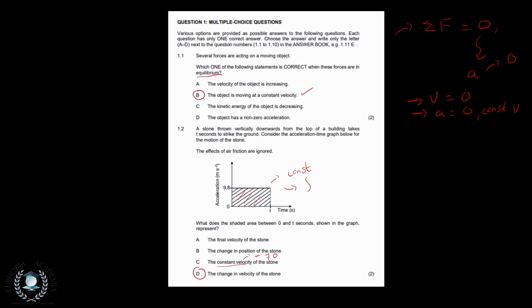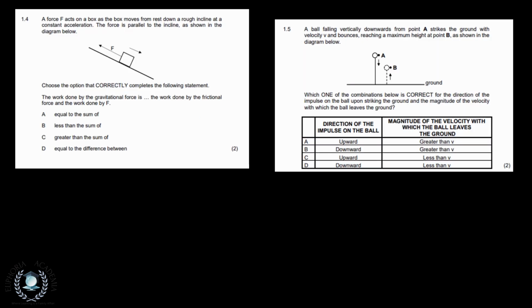All right. Okay, question 1.4. We're told that a force F acts on a box as the box moves from rest down a rough incline. So there's motion of this box at a constant acceleration. The force is parallel to the incline as shown in the diagram.